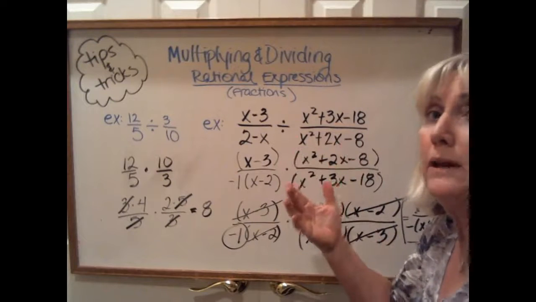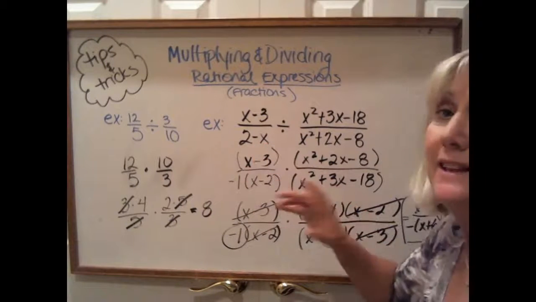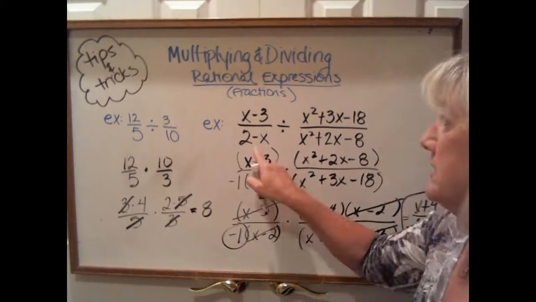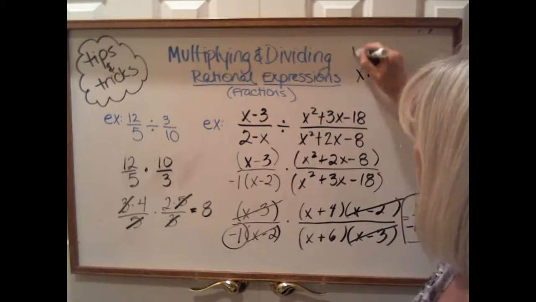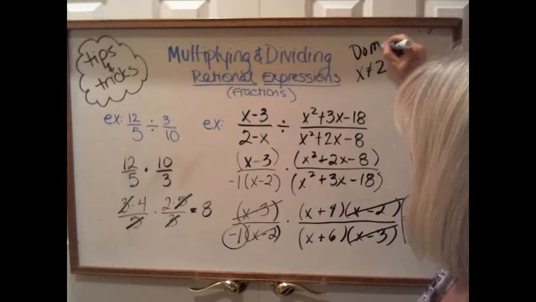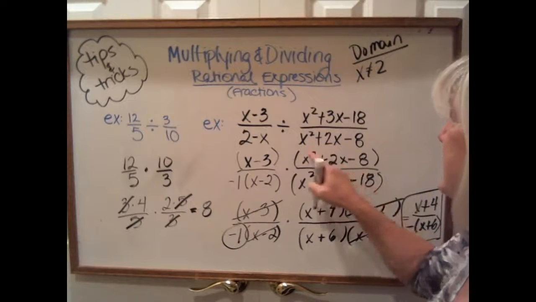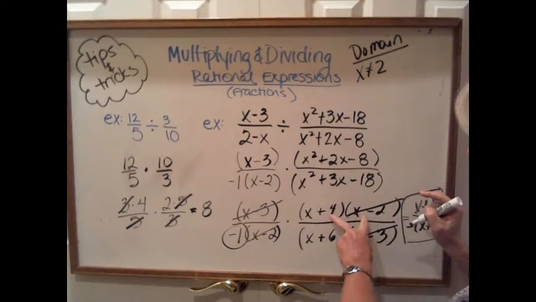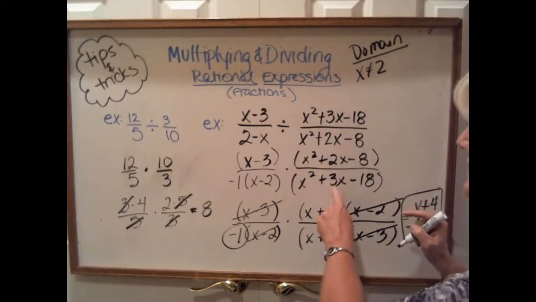If we're looking for what the domain is, we'd look for everything that ever could be in the denominator. So for instance, x could not equal 2 for the domain. And x can't equal anything that's ever in the denominator, and since this flips over, this is in the denominator here, but then this is in the denominator here.